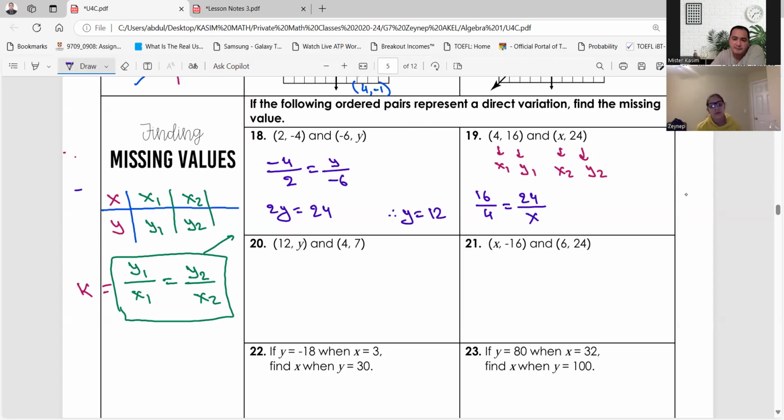Or I can do it like this: 16 times x is equal to 4 times 24. Just cross multiplying and solve it for x. x is equal to 4 times 24 divided by 16, which is equal to 6. Okay, Zeynep, can you write it down quickly and you will try 20 and 21.